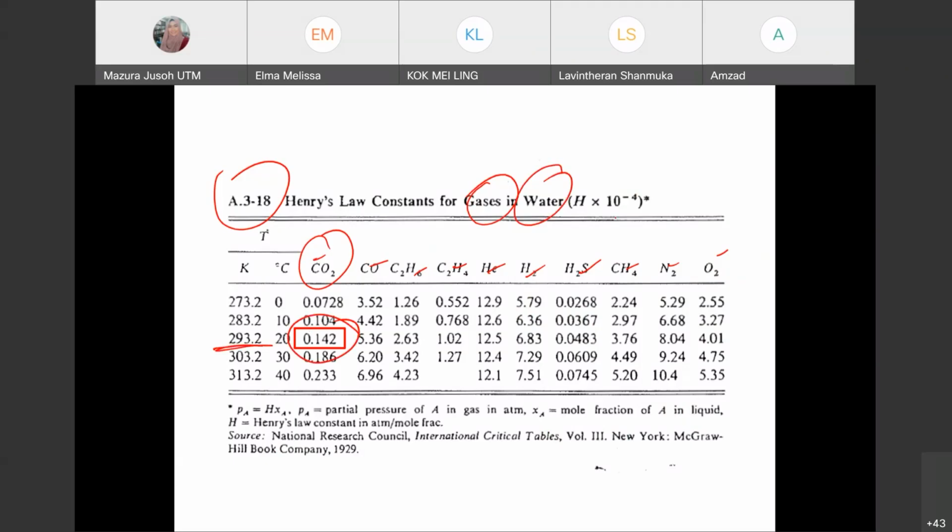You have to know how to use this table, because what's listed here is H times 10 to the power of minus 4, which is 0.142. So if you want the H, you will have to take 0.142 times 10 to the power of 4. Not negative 4, but 4. Because what's listed here is actually H times 10 to the power of -4.